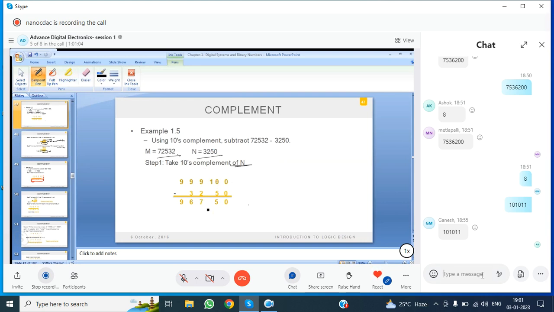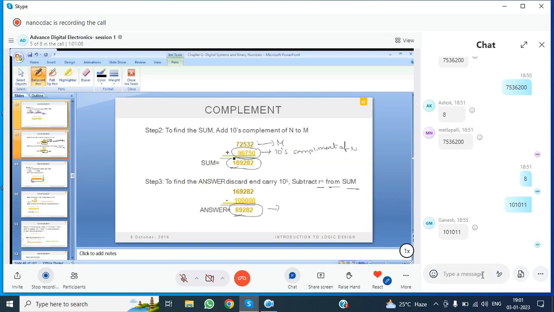So 96750 you got. To 96750 you are adding the value of m. So just remember simply, m plus the tens complement of n.